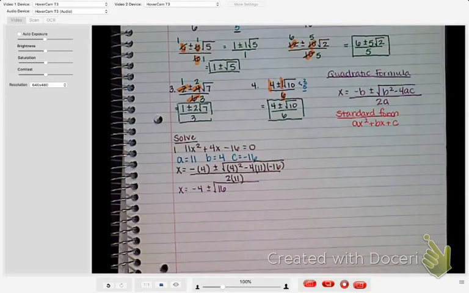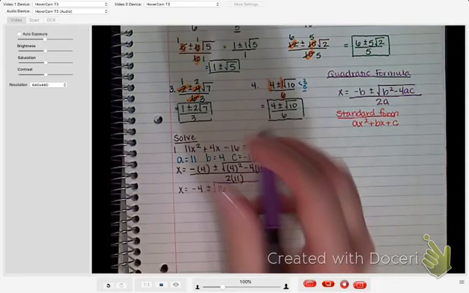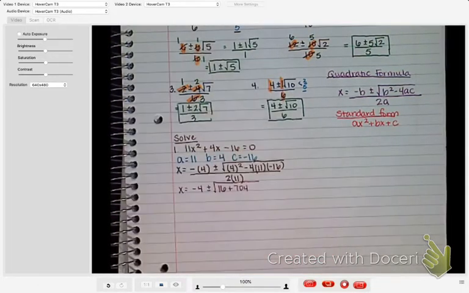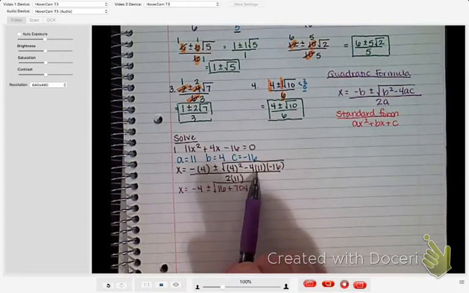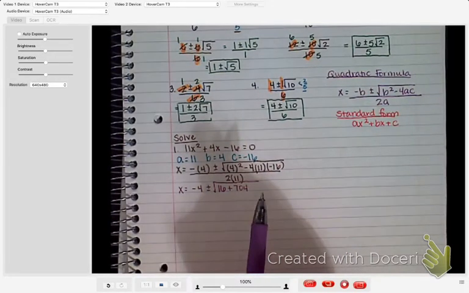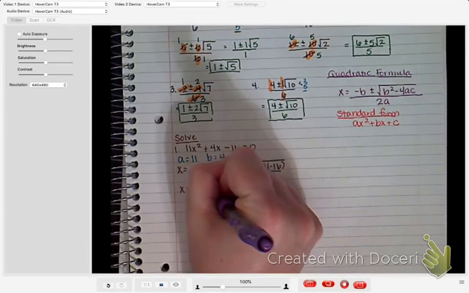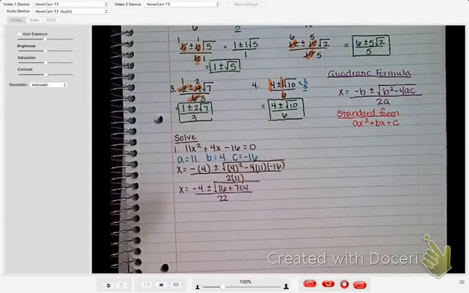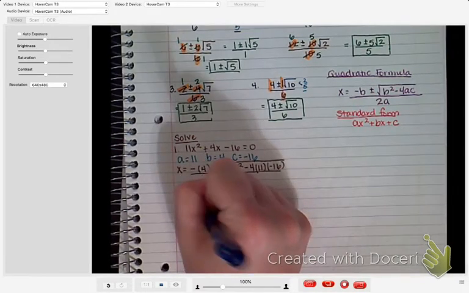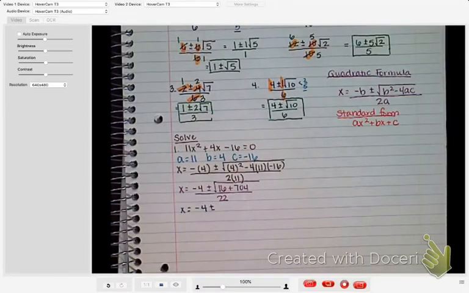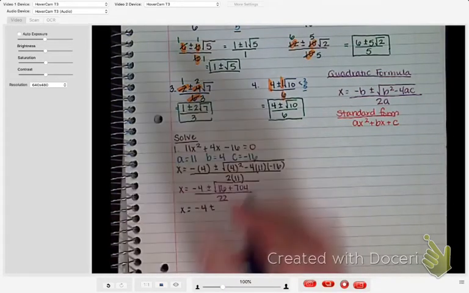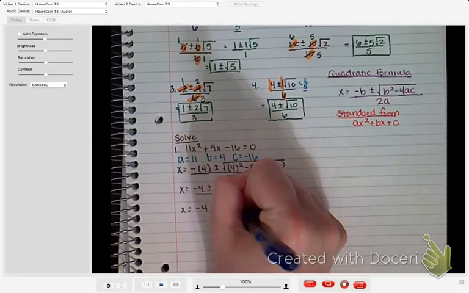And negative 44 times negative 16 is a positive 704, all over 22. Okay, x equals negative 4 plus or minus, well, 704 plus that 16 gives me the square root of 720 all over 22.